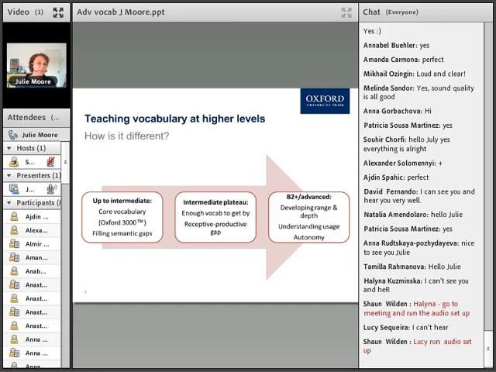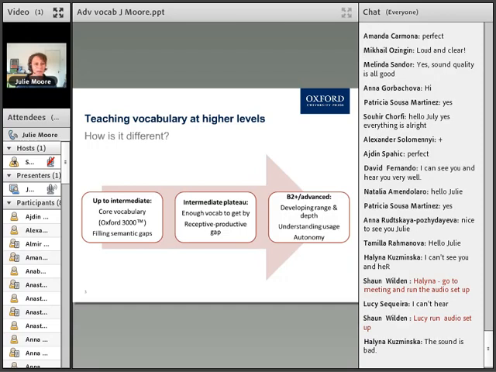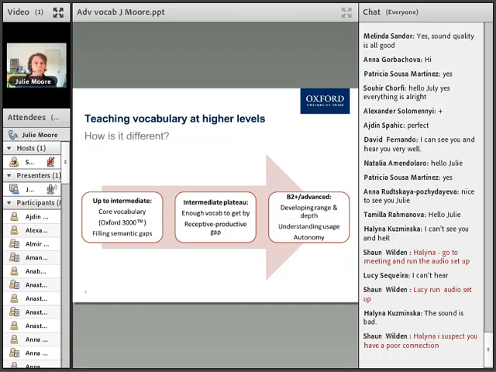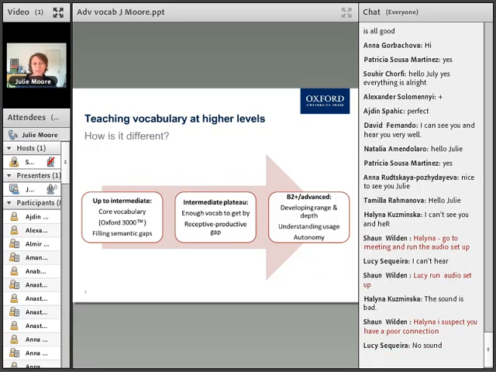We can see those as illustrated by something like the Oxford 3000 word list. That's a list of the 3,000 most frequent words in the language, which most students will need to acquire in order to carry out basic interactions in English. And we would expect students to have mastered most of these words up to about B1, B2 level.